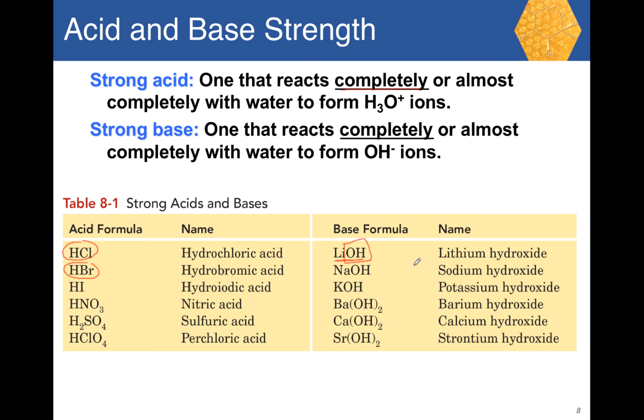But you will see in the last part of this chapter how to calculate the equilibrium constant, and based on the magnitude of the equilibrium constant, you can tell if an acid is a strong acid or a weak acid.